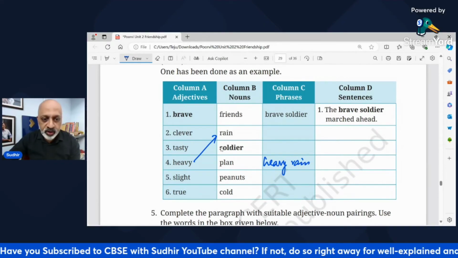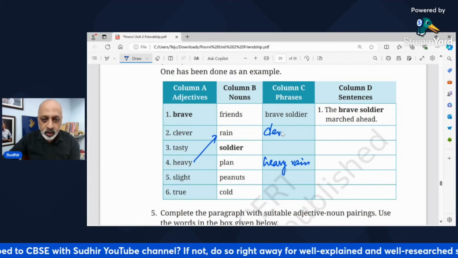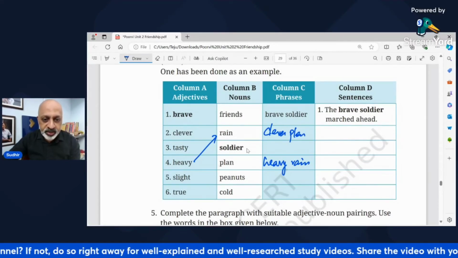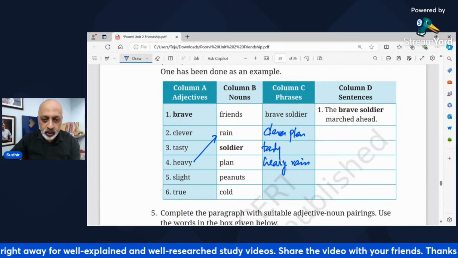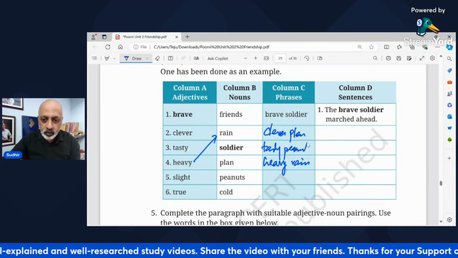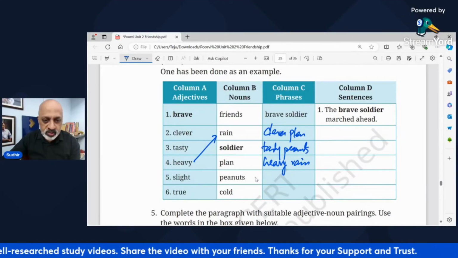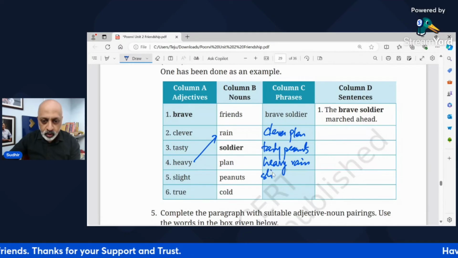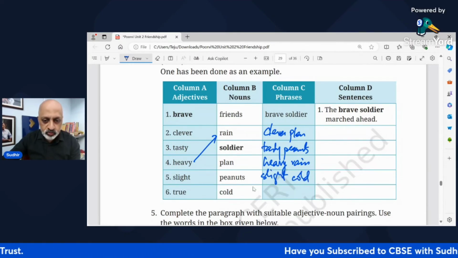You would have clever plan. Tasty peanuts. Slight cold. True friends.